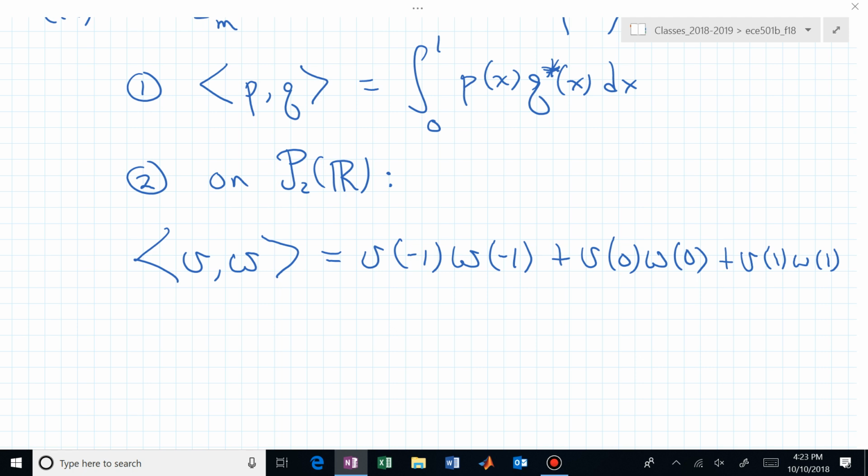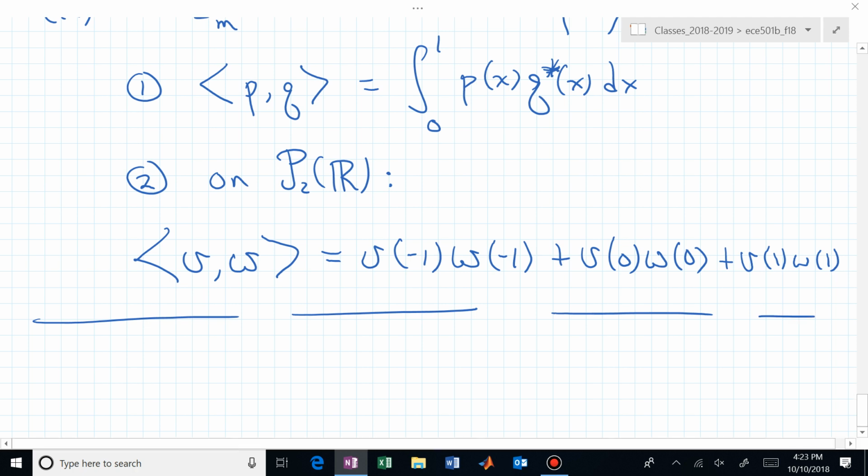That can also be an inner product. You don't have to take the conjugate for w, so now we could, but I've now specialized it to the reals. So now I have P sub 2 in the reals.